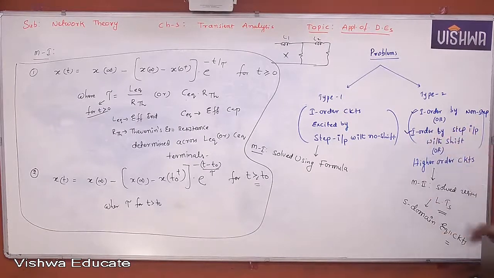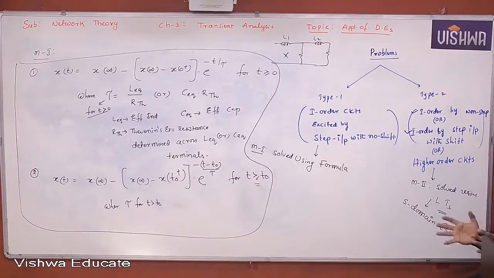So to apply the formula, what are the conditions? Tell me, all of you. The first method is applicable to only first order circuits that must be excited by step input with no shift. Second important condition, which we have not mentioned anywhere but is understood by looking at that formula: it should be convenient to calculate L equivalent in case of RL circuit, or C equivalent in case of RC circuit.